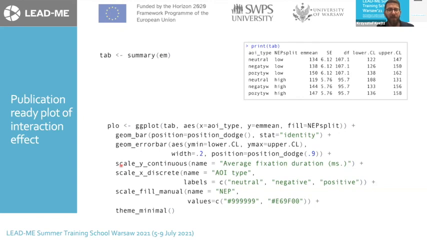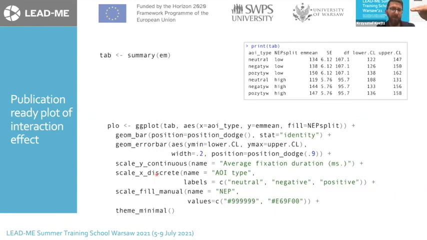Then I customize the Y-axis. I want to give it a new name. So I scale Y continuously, and I give it the name average fixation duration. That's the name I type by hand, which is in milliseconds.